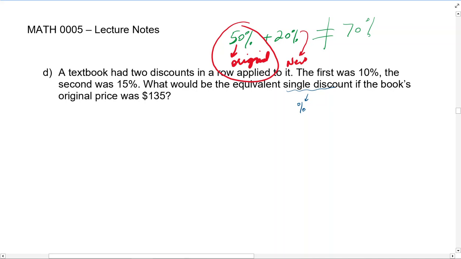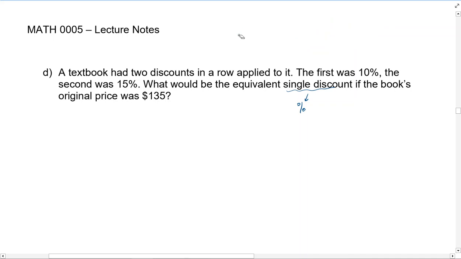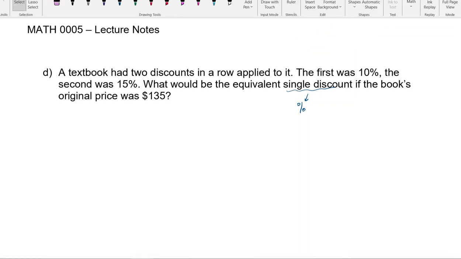So it's not 70, it's less than 70 overall. Same situation here. We have 10% plus 15%. The answer is not 25%.